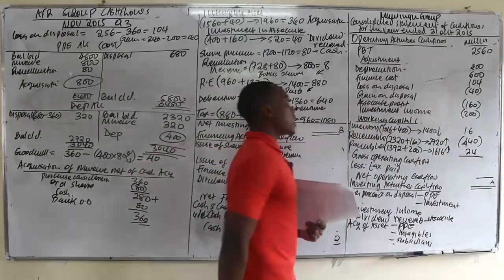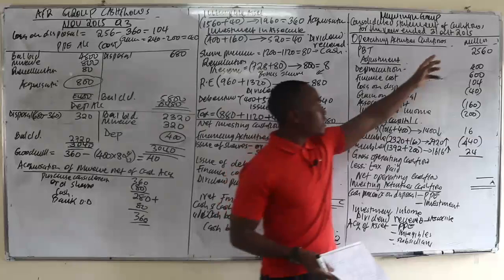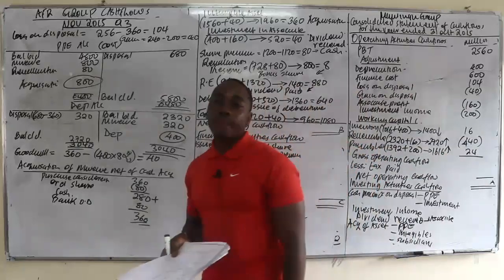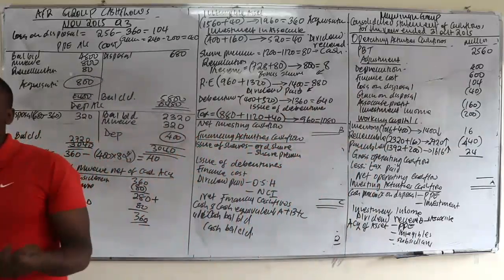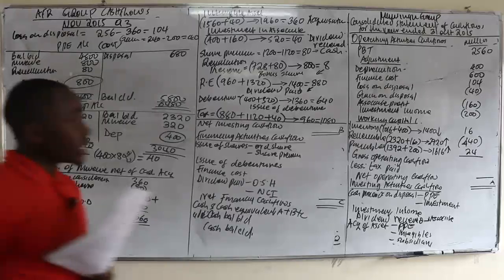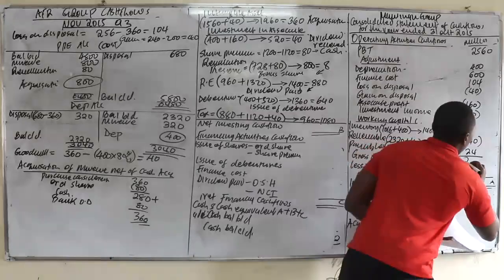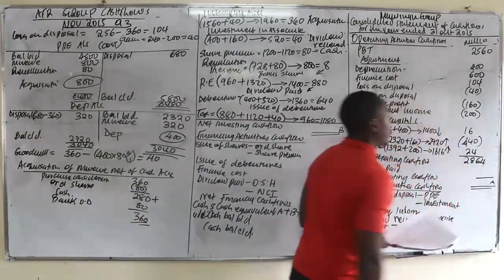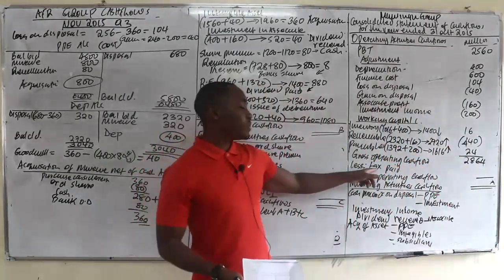Give me the gross operating cash flows. So take 2560 and deduct applicable. You get 2864. Then we raise the tax paid. How much is the tax paid?